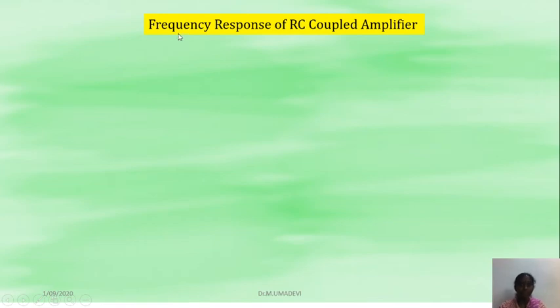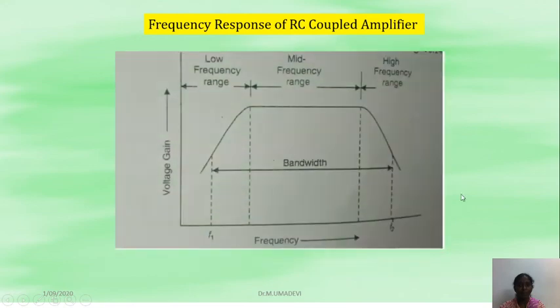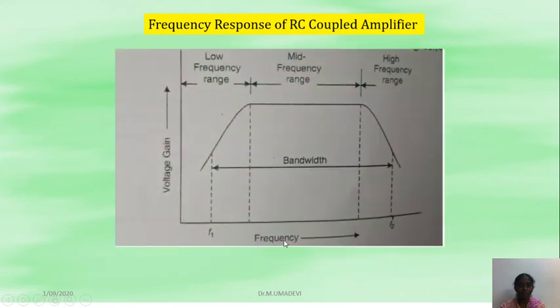Next, I am going to discuss the frequency response of the RC coupled amplifier. This is the graph which gives the relation between frequency and voltage gain. F1 is the lower frequency and F2 is the higher frequency, that is, the low cutoff frequency and the high cutoff frequency, and the difference between F2 and F1 gives the bandwidth. This constant region is called the mid frequency range.